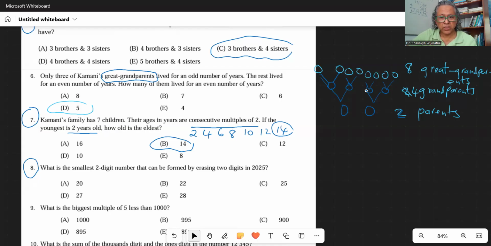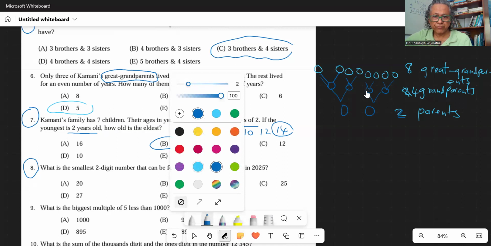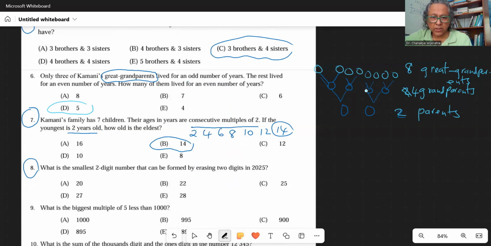So you think about this for a while, look at it, and maybe you can actually write down what you get by erasing. You can erase 2 and 0, get 25. You can erase 2 and 2, get 05. That is not a two-digit number. You can erase 2 and 5.